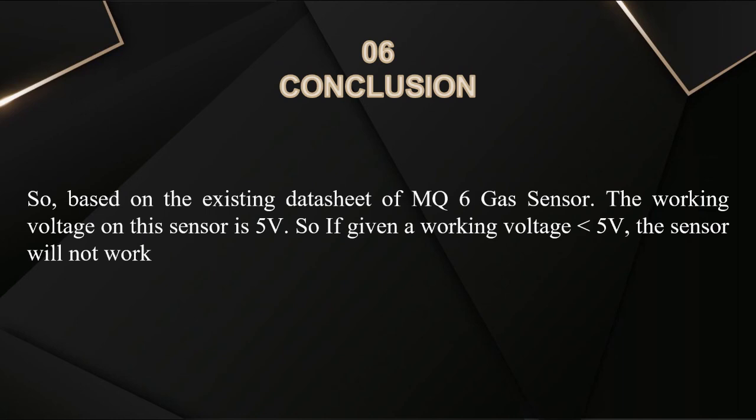In conclusion, based on the existing datasheet of the MQ6 gas sensor, the working voltage on the sensor is 5 volts. So if given a working voltage under 5 volts, the sensor will not work.